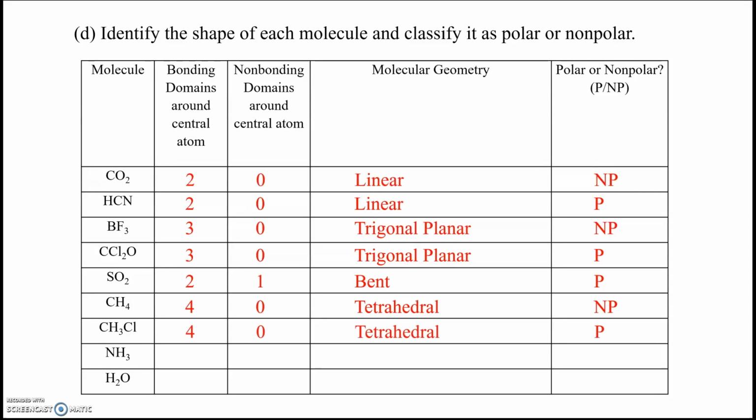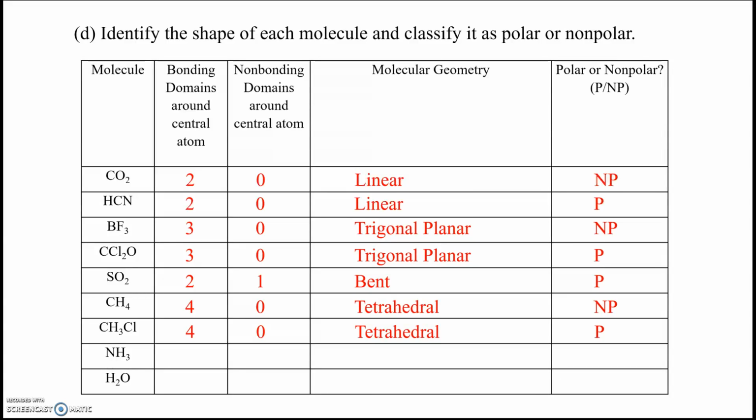Chloromethane just has one of the hydrogens from methane taken off and substituted with a chlorine. So we would expect that this would be very similar to methane, and it is. But the difference is that because we've got a difference in electronegativities, carbon-hydrogen to carbon-chlorine, we would expect a net dipole to exist on this molecule, and it does, and that gives us a polar molecule.